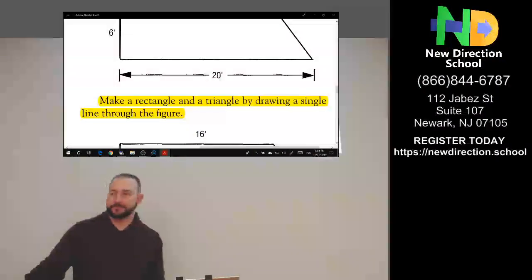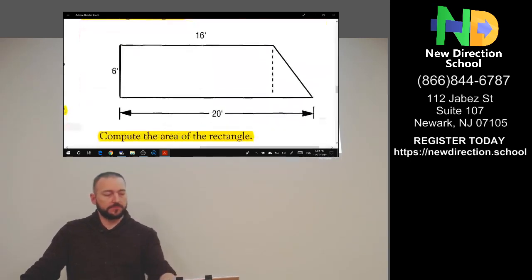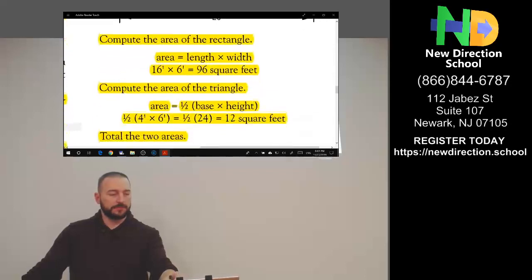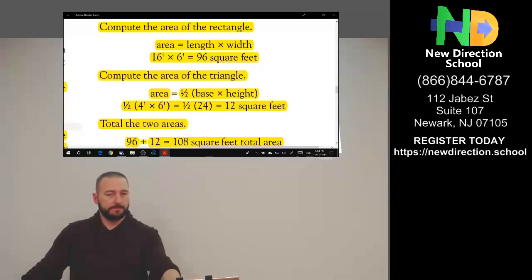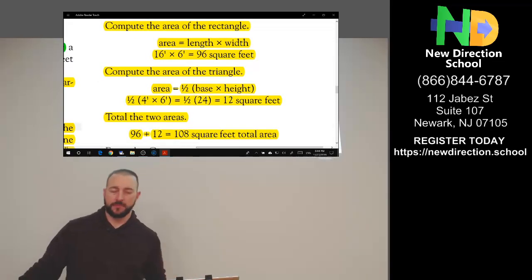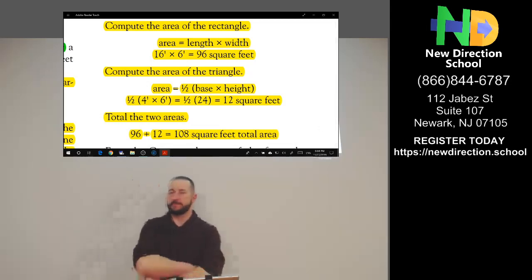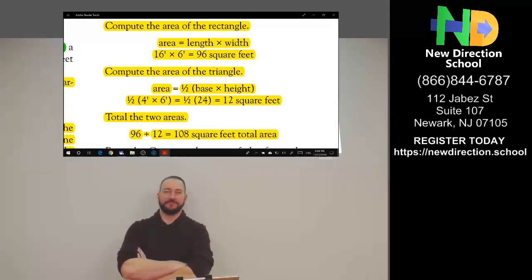Highlight that. And then highlight at the bottom. It's just what we went over. Just highlight for now. You guys good? Yes? Yes. You sure? Yes.